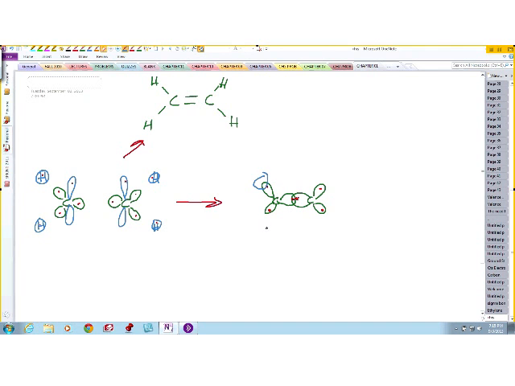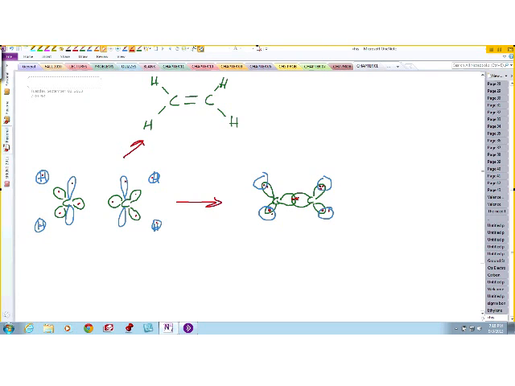The hydrogen s orbital is overlapping right here, and right here, and right here, also with 1 electron each. So those electrons have been shared.